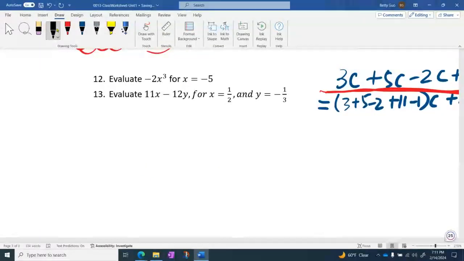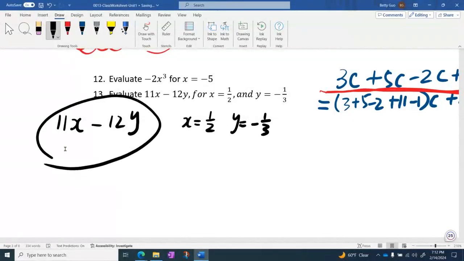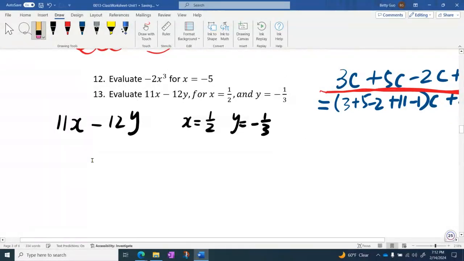Number 13, we are going to evaluate 11x minus 12y for x equals 1/2 and y equals negative 1/3. This expression, how many terms? 2 terms, right? Yeah, 2 terms. That's the structure that you need to see. We have 2 terms in the expression.